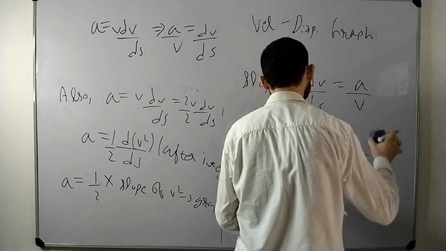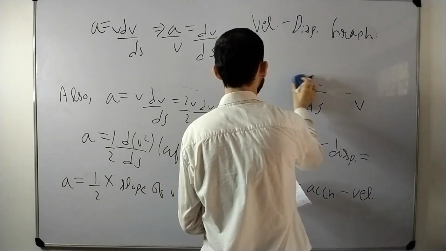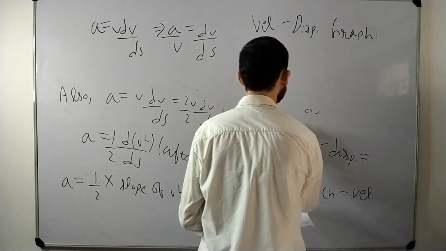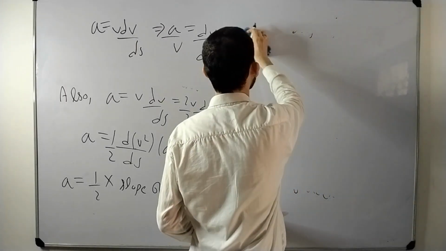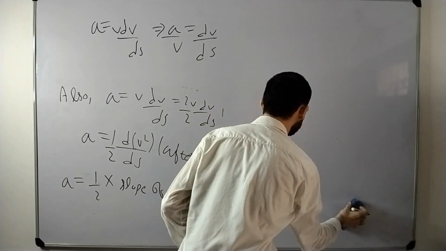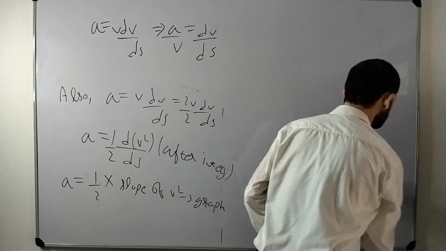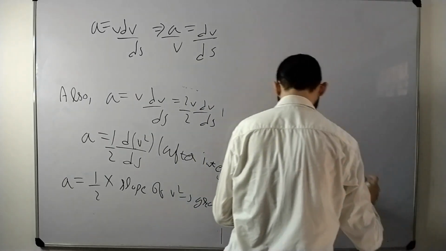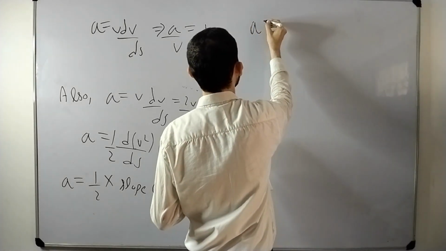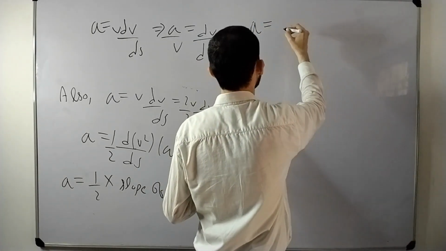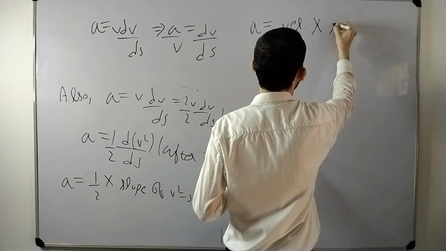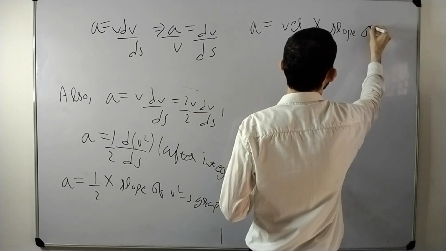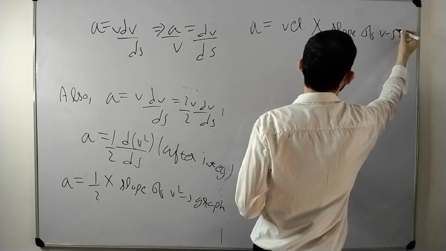Also note. Oh sir, there are so many things to note. Acceleration, velocity into slope of Vs graph.